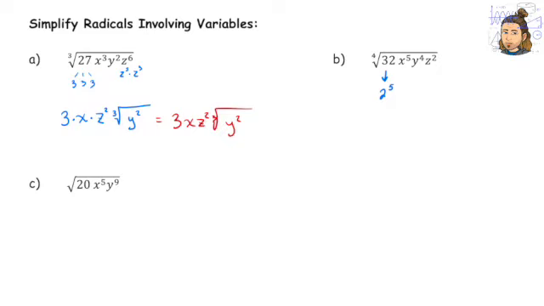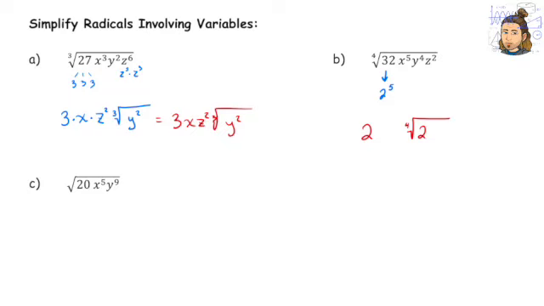And if we realize that that's 2 to the 5th, we're going to have one group of 4 that we can pull out. There's a 2. And we're going to have inside the radical a 2 left over because we had 5 of them. So 4 of them make the 2 for the coefficient out front, and then 1 left over is going to stay inside the radicand.